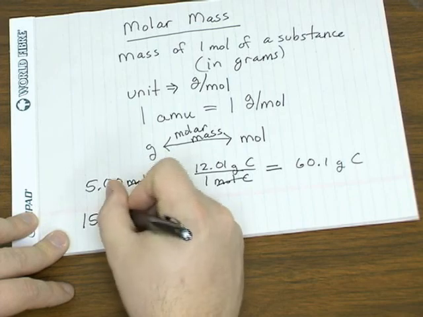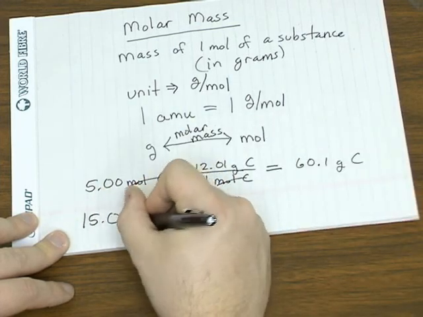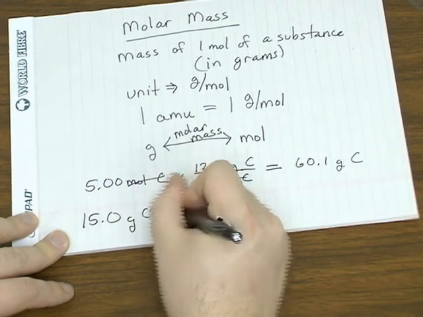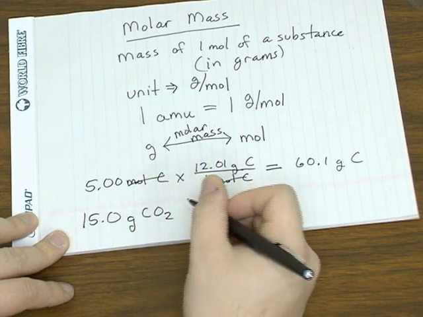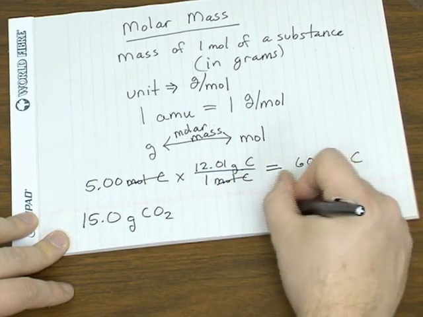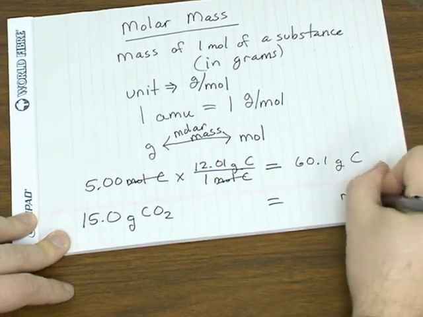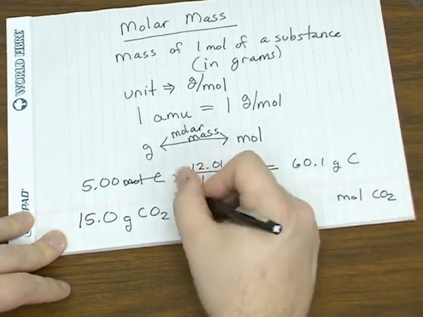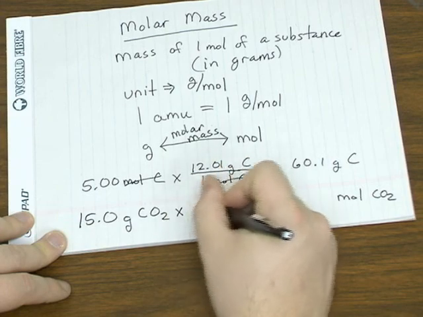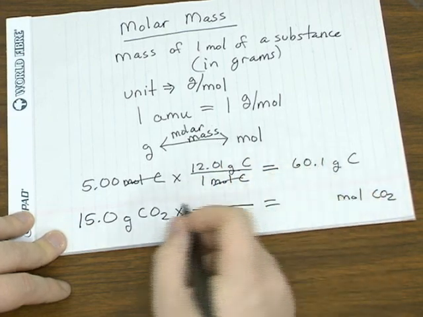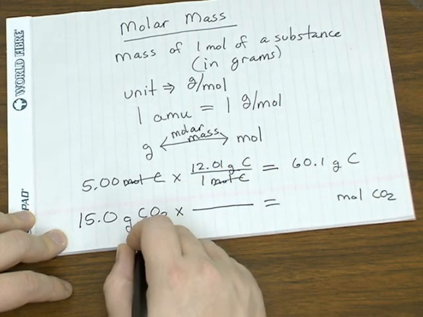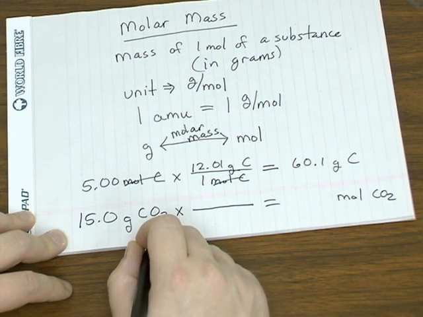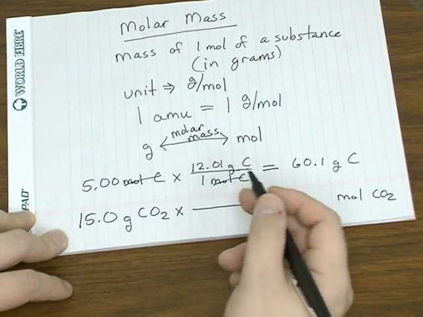And one other example, going the other way. Let's say you're starting with 15 grams of CO2, and you want to convert that to moles. Okay, if you add up the atomic weights of that 1 carbon and those 2 oxygens, that gives you a total of 44.01 grams per mole.